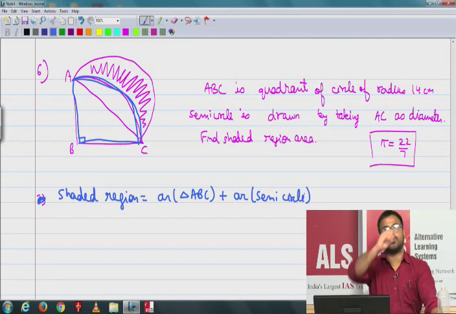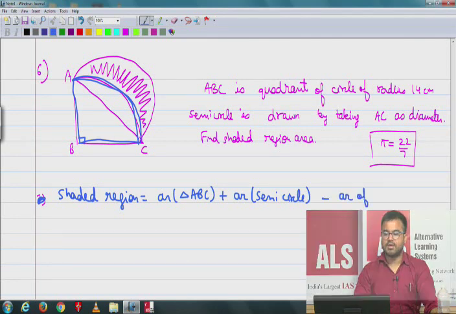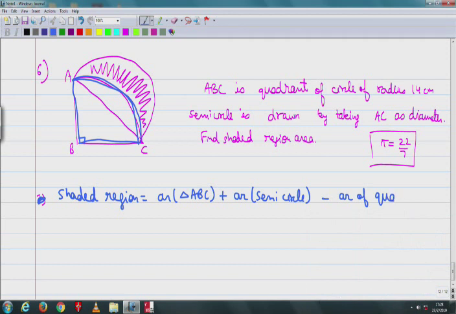On the top we are having AC as diameter, adding these two minus area of this quadrant. Adding the area of triangle plus semicircle minus area of quadrant, that will give you the area for the shaded region. Now this radius is 14, this is 14 and this is 14.